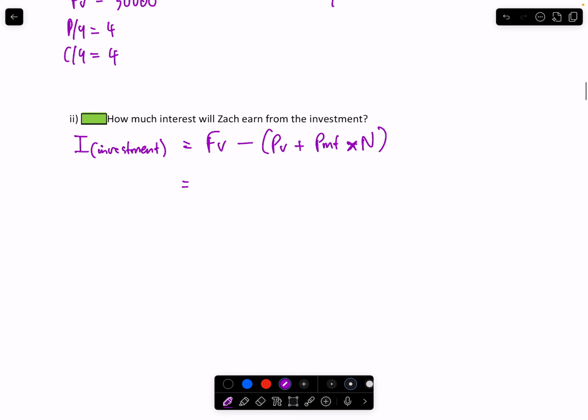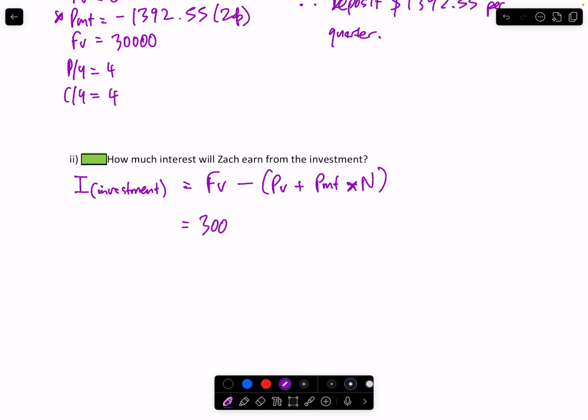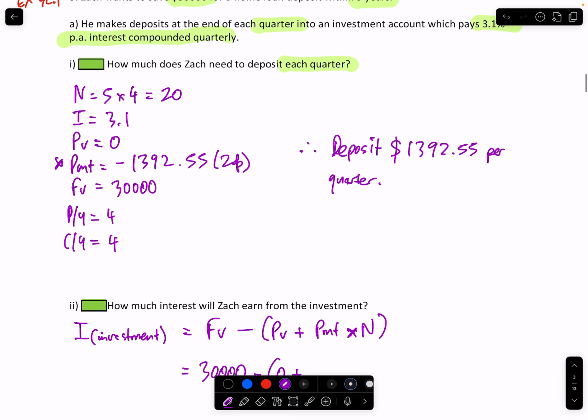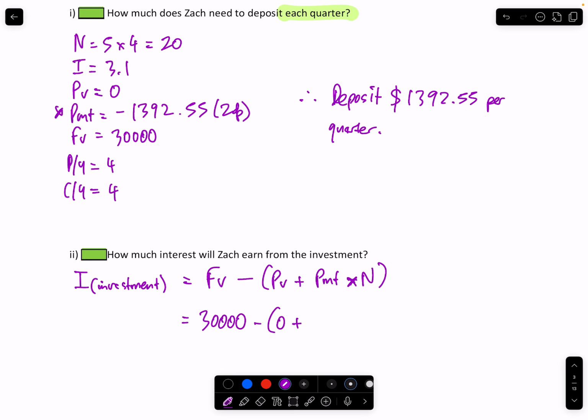So it grew to 30,000. Take away, he started off with nothing, but he made 20 payments. 20 times by $1392.55.